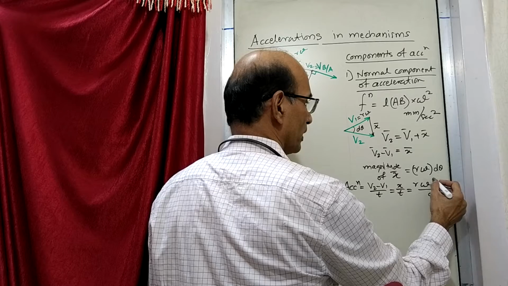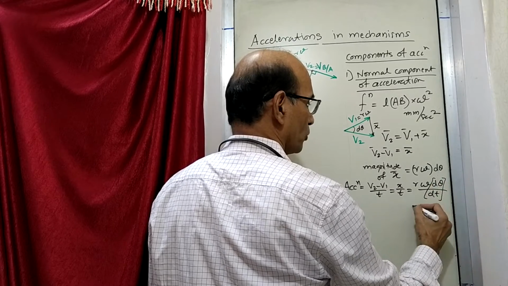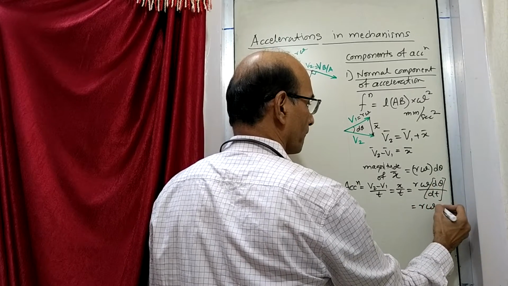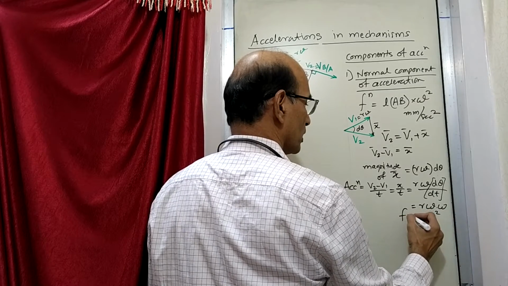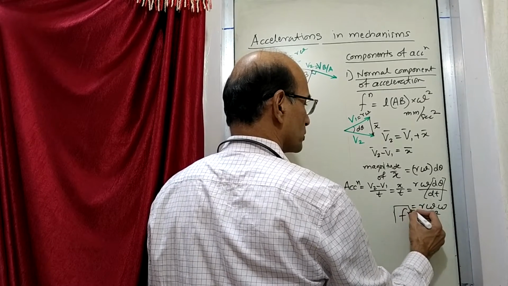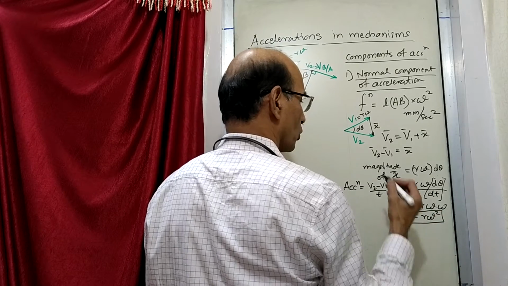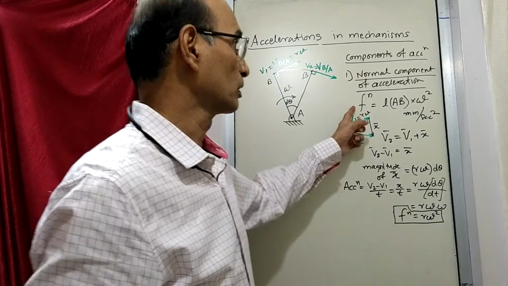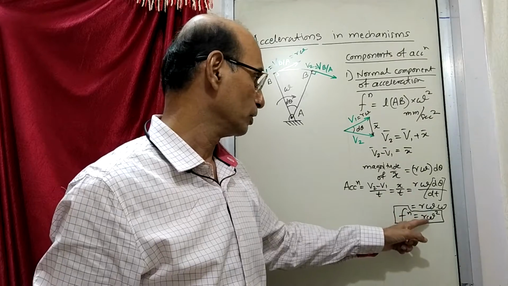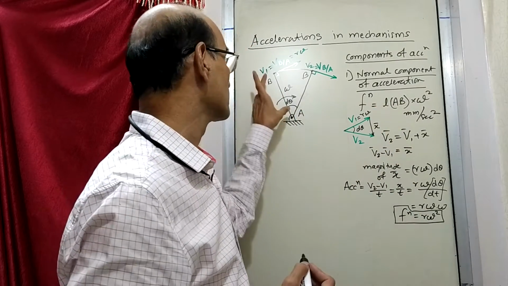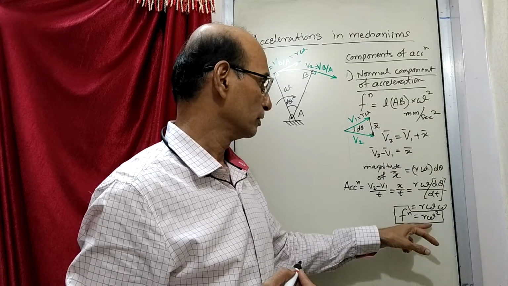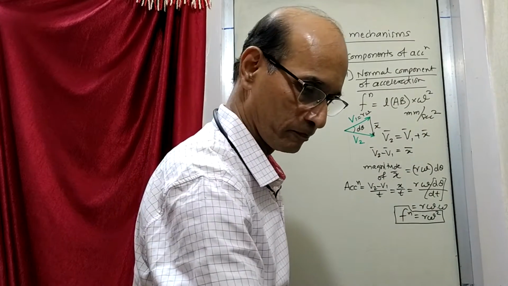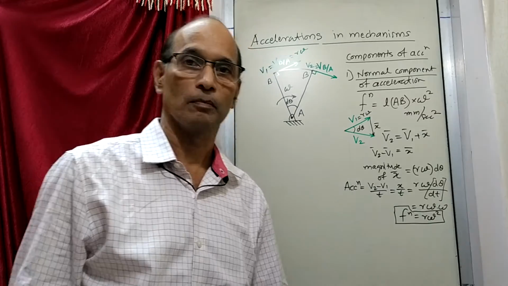So now you will find that delta theta upon dt is again omega. So it is r omega square. This is the normal component of acceleration we are talking about. The normal component of acceleration is given by r into omega square, where r is the distance, this radius, and then omega square. This is how omega square has come. So this is called the normal component of acceleration.